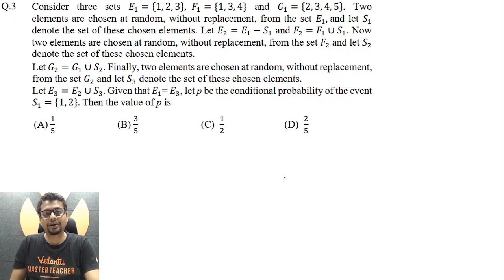The crux of this question essentially is that the set S1 should be same as the set S3. It's because E1 is supposed to be equal to E3. E1 has 3 elements, so E3 should have exactly the same 3 elements.